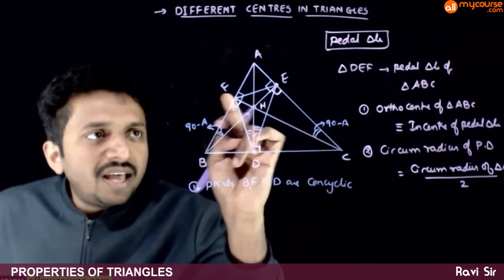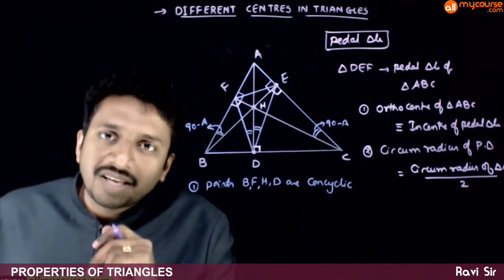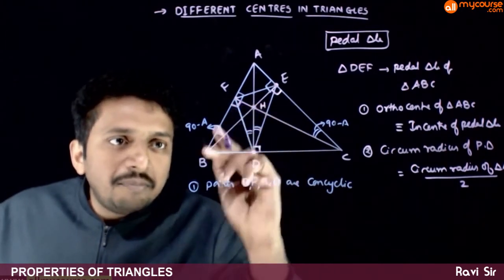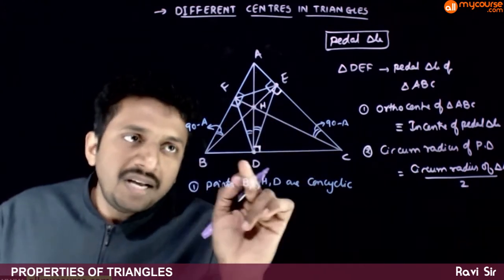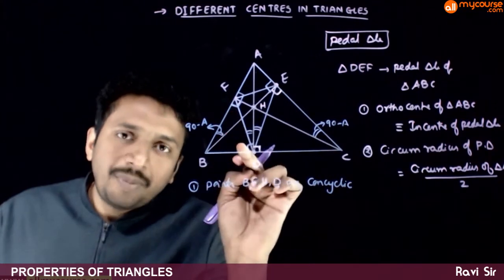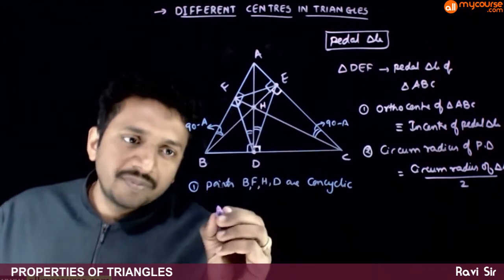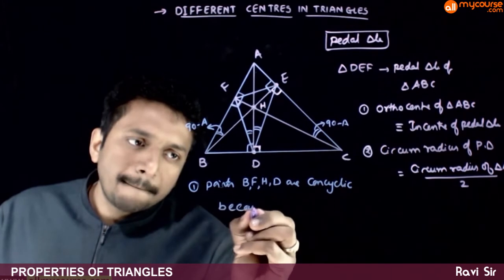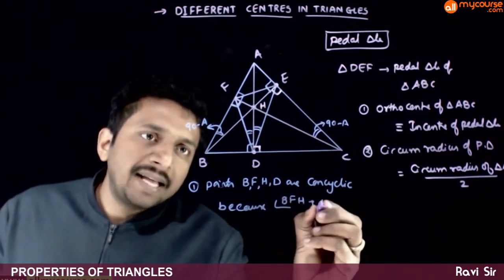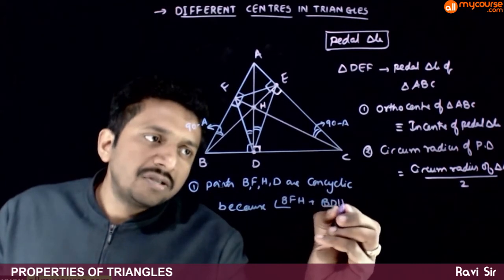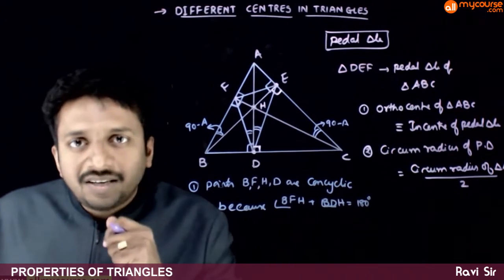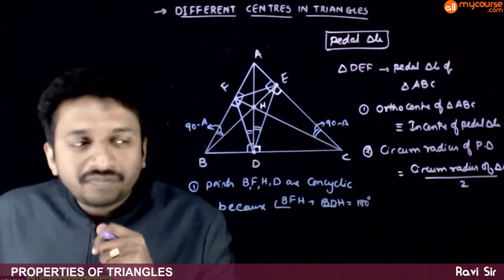Points B, F, H, D are concyclic because the sum of angle BFH and angle BDH is equal to 180 degrees. 90 degrees plus 90 degrees is 180 degrees.